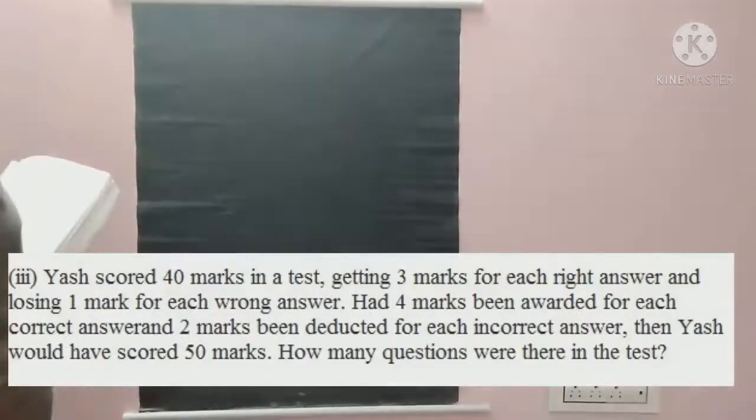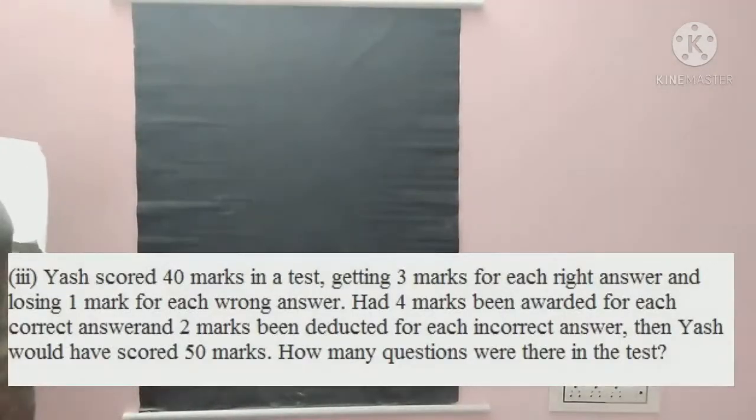Third question. H scored 40 marks in a test, getting 3 marks for each right answer and losing 1 mark for each wrong answer. Had 4 marks been awarded for each correct answer and 2 marks been deducted for each incorrect answer, then H would have scored 50 marks. How many questions were in the test?